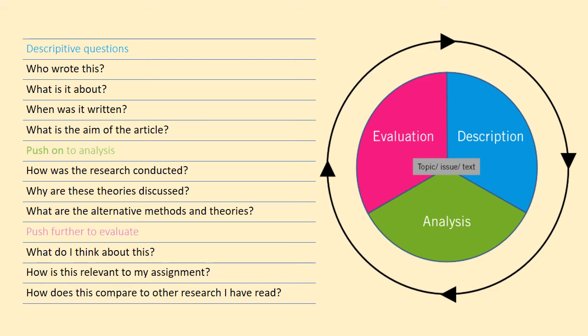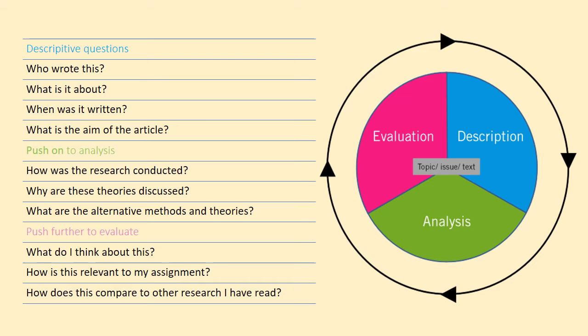We can only do this in our scientific writing if we're really zooming in and looking at our sources and our research in great detail, and asking these sorts of critical questions when we're reading, but always thinking and evaluating, is this relevant to my assignment? As we just saw in that example, is this just about one tiny aspect of the assignment? Or is this something that I can use to really build an answer to the whole question?